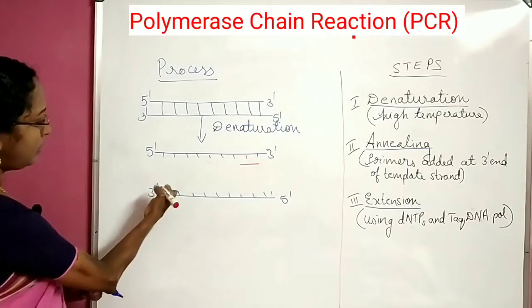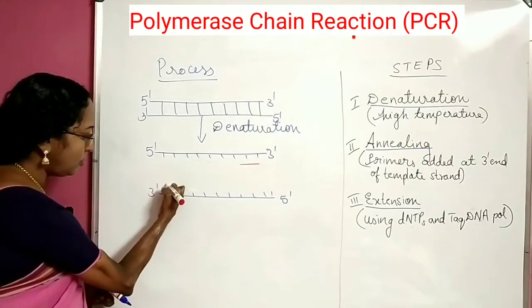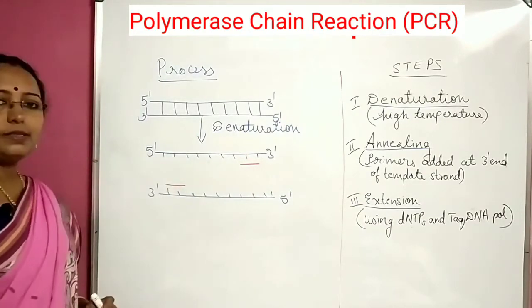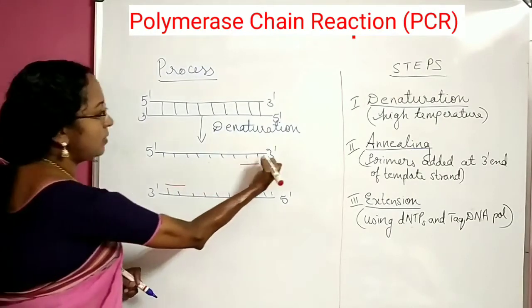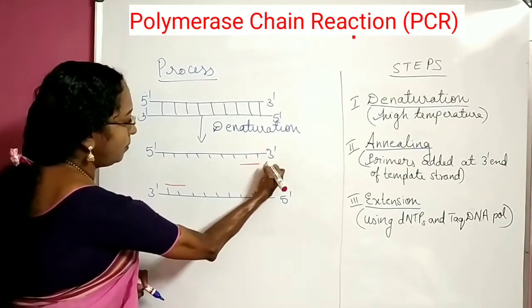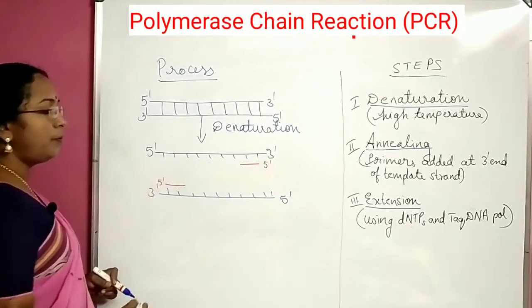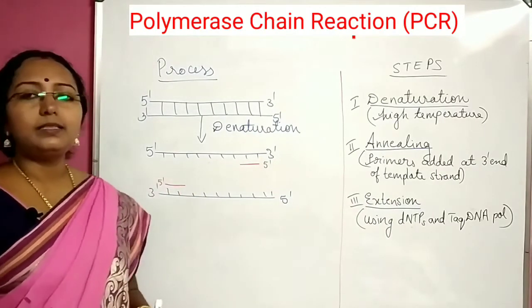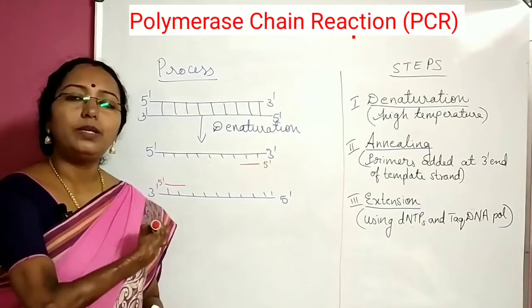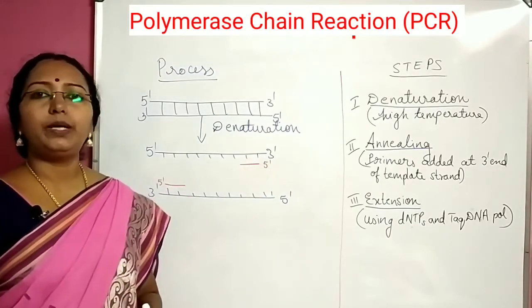And for this template strand, this is the 3' end. Here towards this region, the primer is added. Since this ends with 3', the primer will begin with 5'. Here also the primer begins with 5'. We all know that DNA polymerase can polymerize only in the 5' to 3' direction.